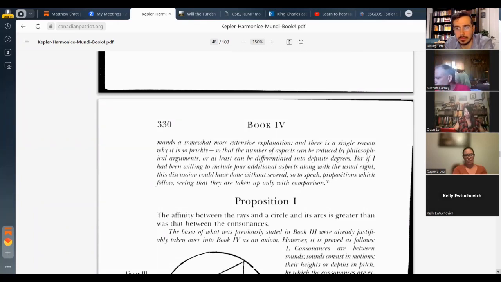For if I had been willing to include 4 additional aspects along with the usual 8, this discussion could have done without several, so to speak, propositions which follow, seeing that they are taken up only with comparison.